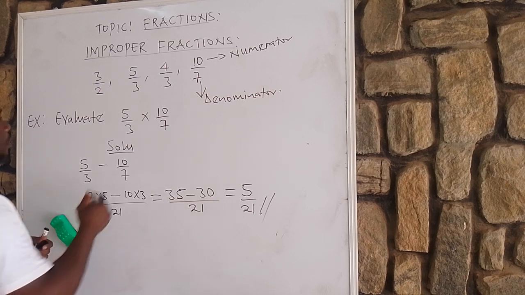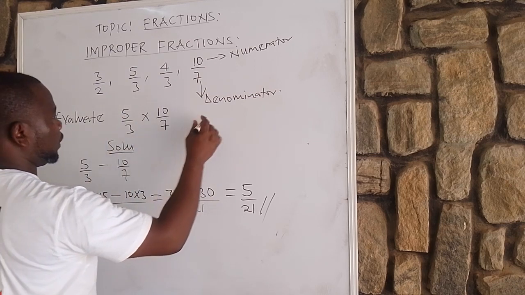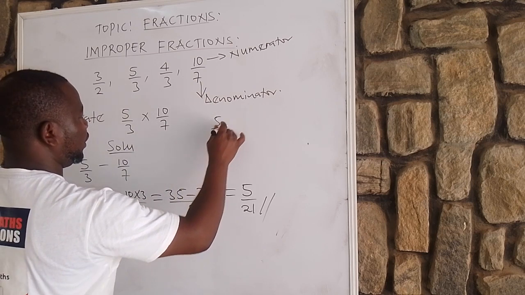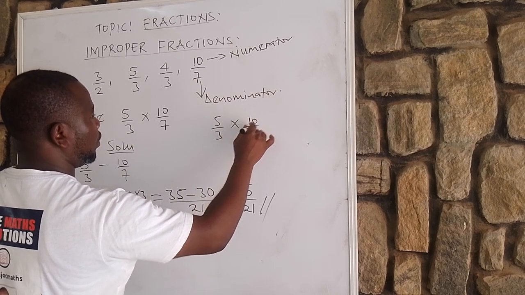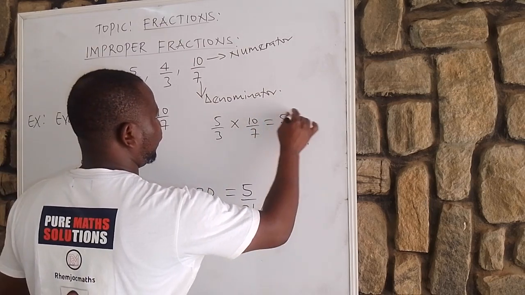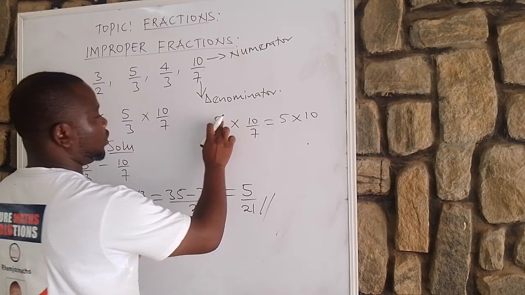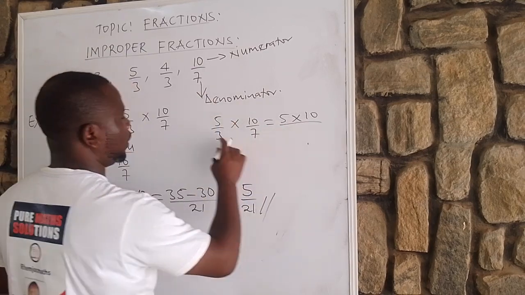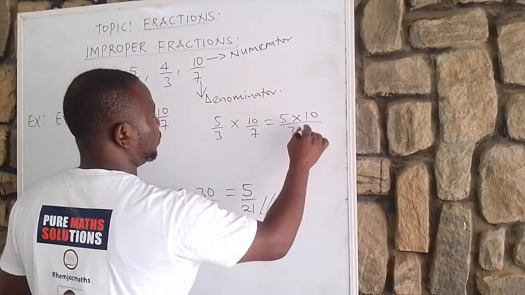So 5 all over 3 times 10 all over 7 is equals to 5 times 10, numerator to multiply numerator, all over denominator to multiply denominator.